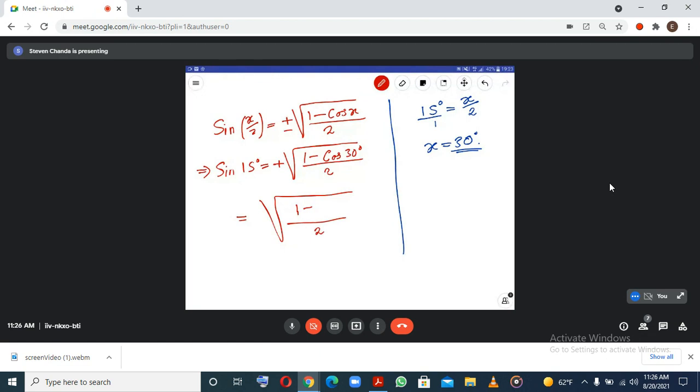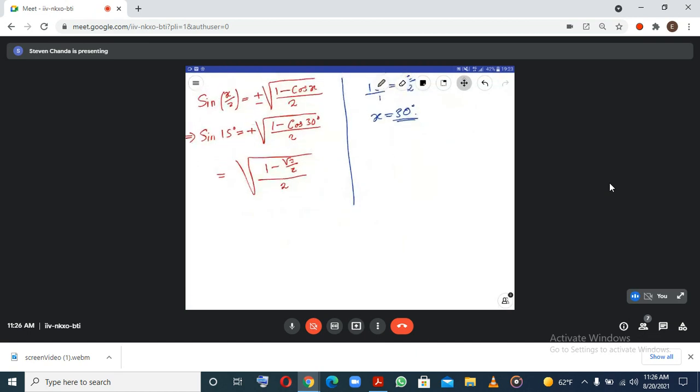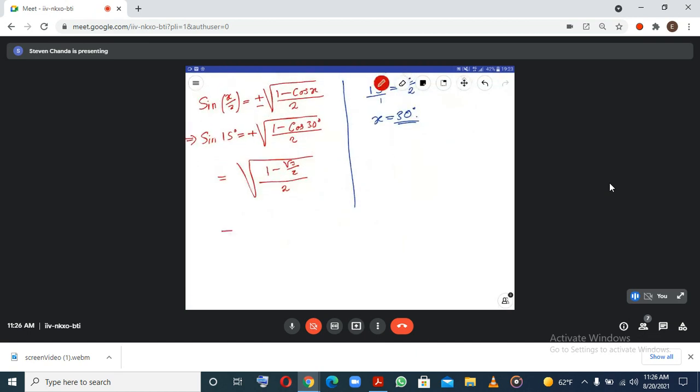Then we know that cos 30 is what? It's going to be square root 3 over 2. People know these special angles. In your exam, in your test, they will never give them to you. Okay, so that's that.